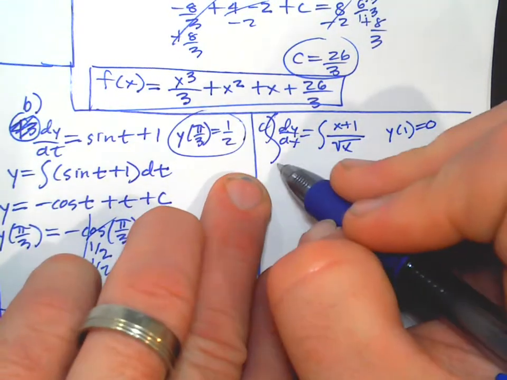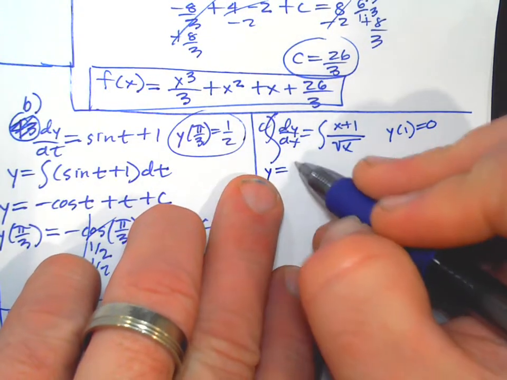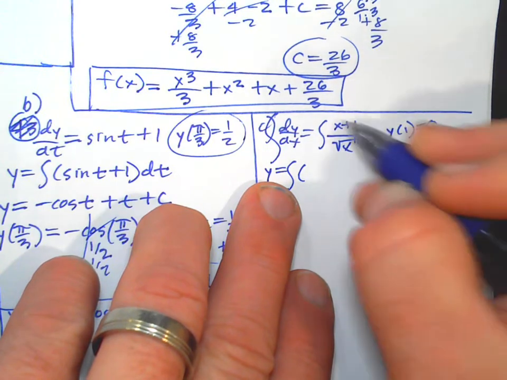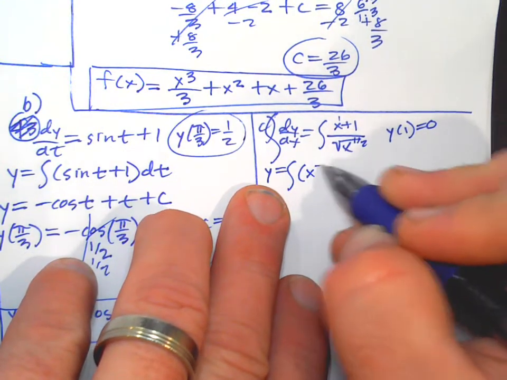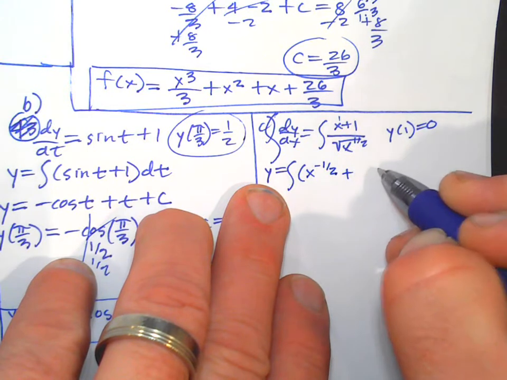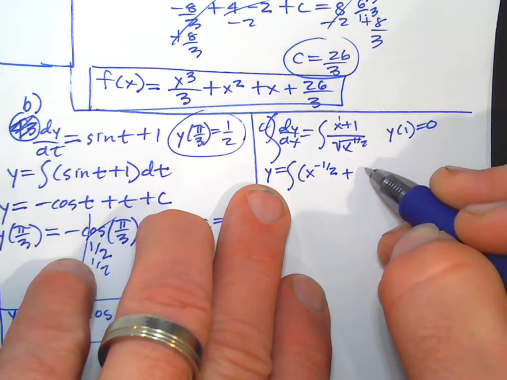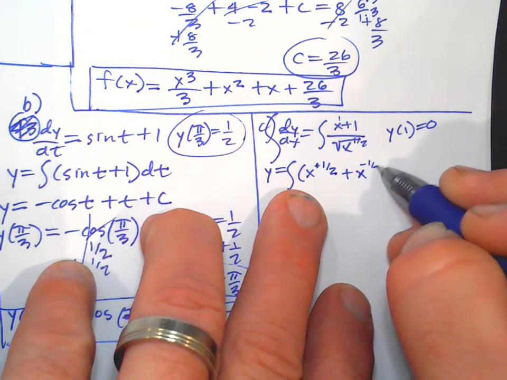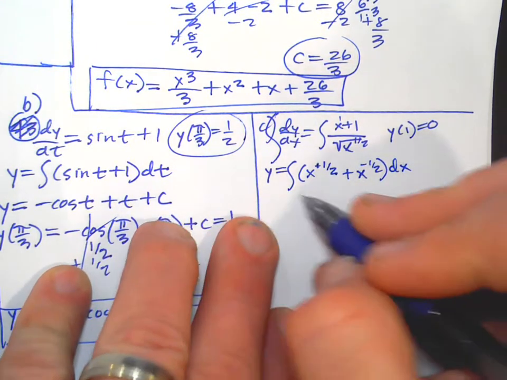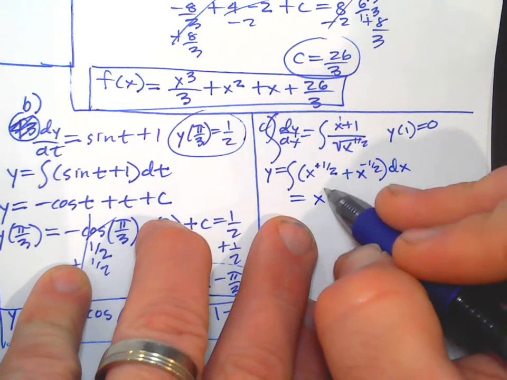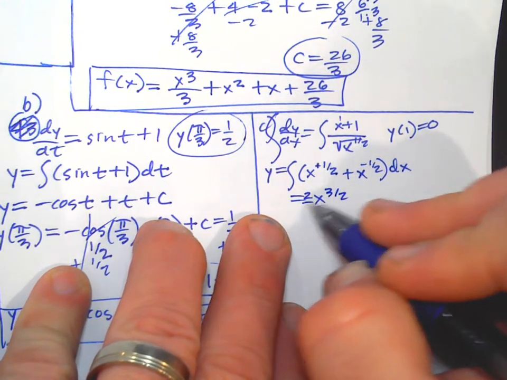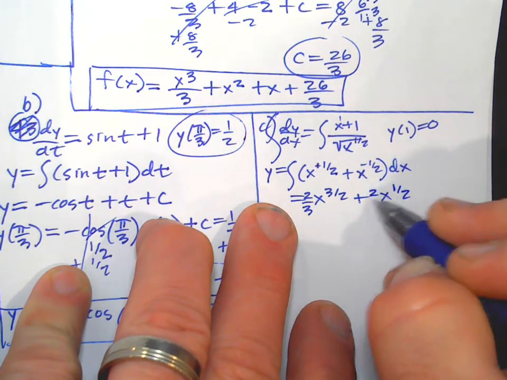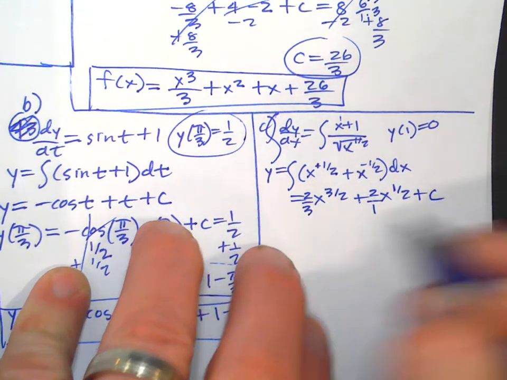Now, I'm going to rewrite this as x to the first, and we're dividing, so rules of exponents, x to the positive 1/2, and then this one's going to be x to the negative 1/2 if I distribute the division. And so then that's going to be x to the 3/2 divided by the new exponent, multiplied by the reciprocal, plus x to the 1/2 divided by the new exponent, multiplied by the reciprocal, plus C.